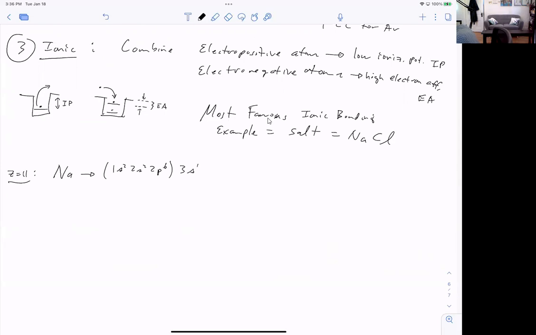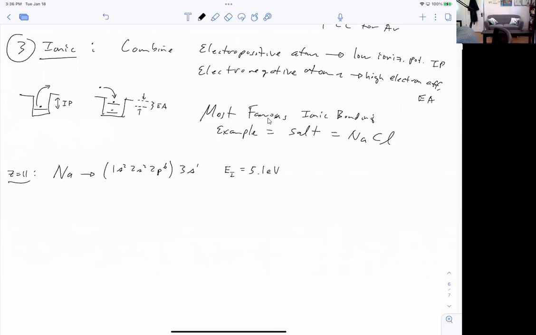There is one electron in that 3s orbital, and the ionization potential is equal to 5.1 eV, which is relatively low.